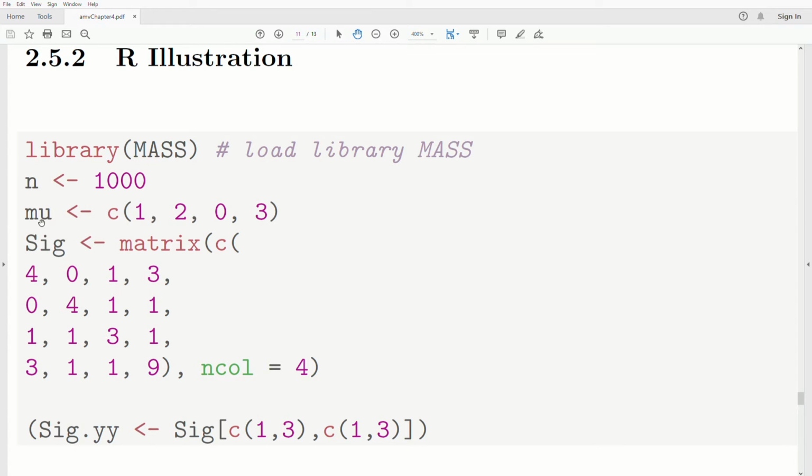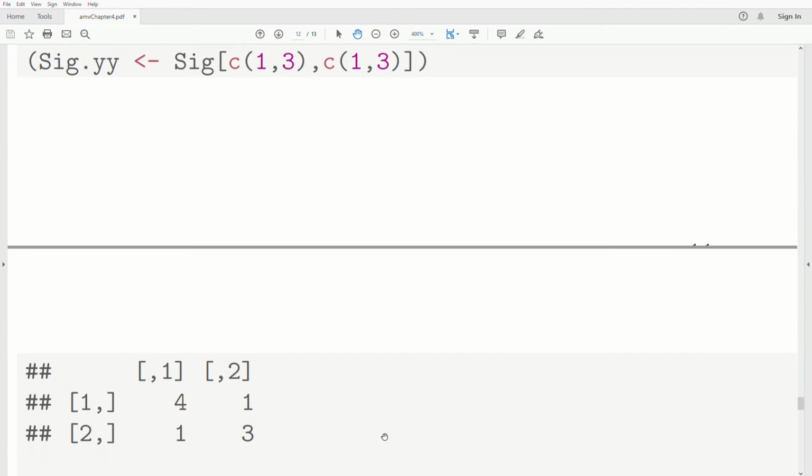Again, we don't need that, but we do need mu, the mean vector of 1, 2, 0, 3, and that's what we use in the example. And this is the variance covariance matrix that we use in the example. Now, to find the variance covariance matrix of y, we want rows 1 and 3, and we want columns 1 and 3. And that produces this matrix.